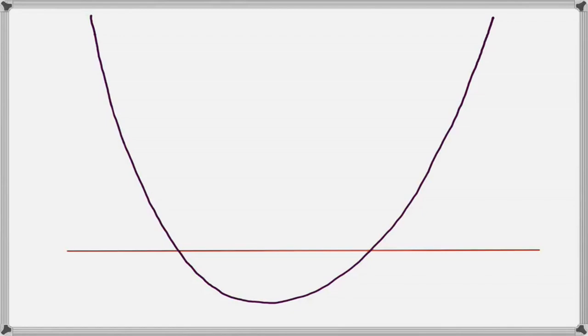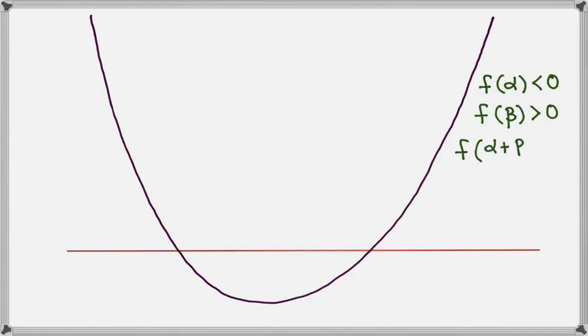Recall that we have already got f of alpha is strictly less than 0 and f of beta is strictly bigger than 0. Also we have got f of alpha plus beta whole divided by 2 is strictly bigger than 0.